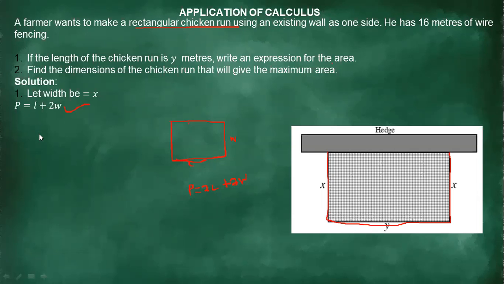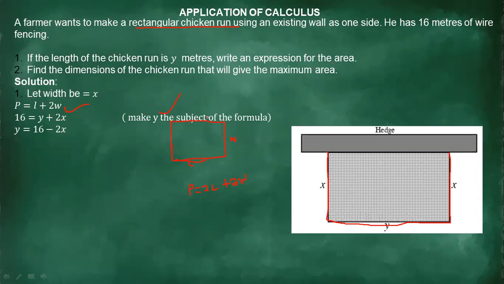Now, after writing the perimeter, you substitute 16, and this is what we are having. Length is y, then 2 width is 2x. Then you make y the subject of the formula. That is what you want to obtain, 16 minus 2x. But we haven't answered the question yet.